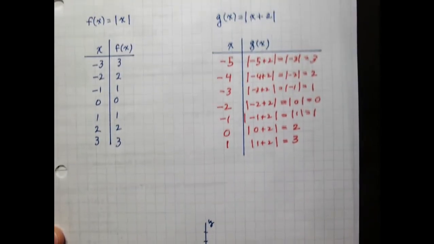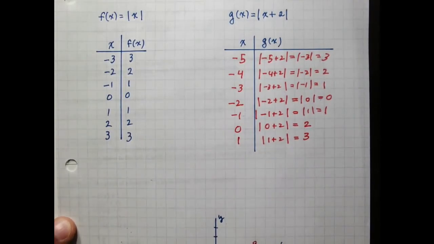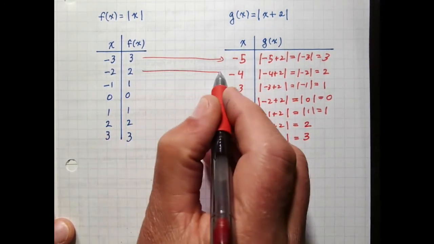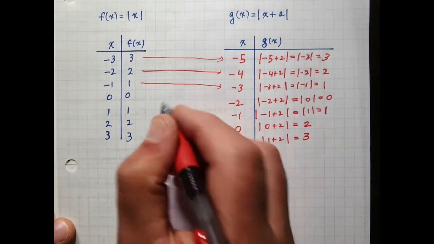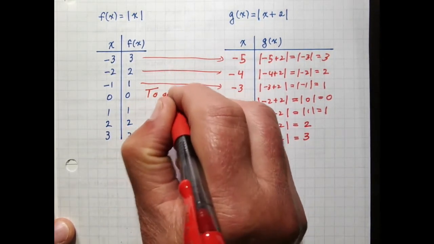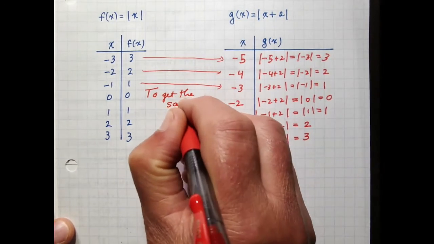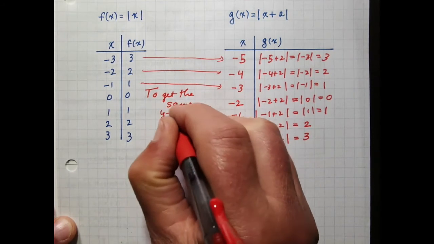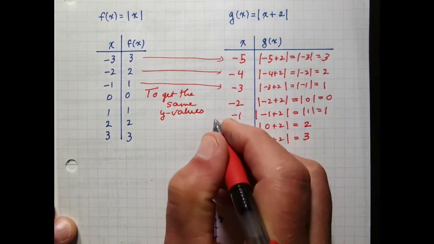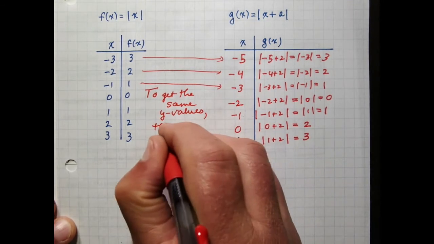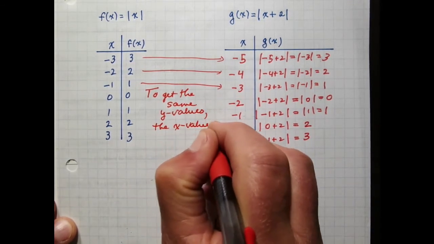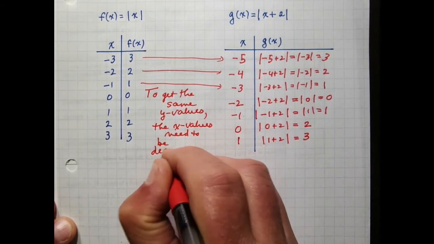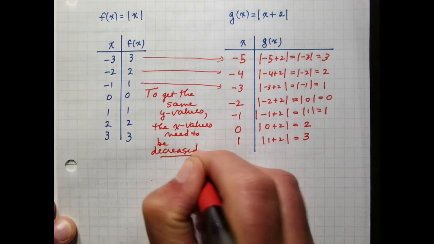And in my table, you can kind of see why that's true. At least I'm trying to make a point here. And I would say to get the same y values in the table for G, the x values need to be decreased by 2.